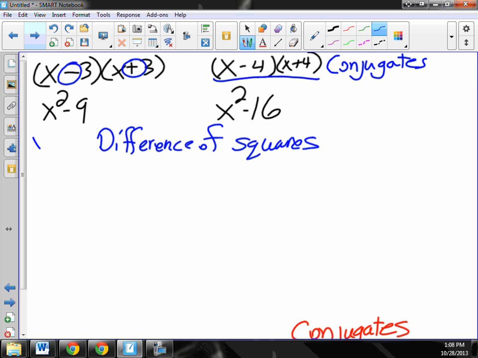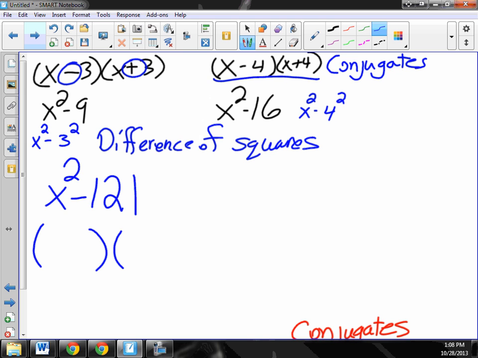This is x to the second minus 3 to the second. This one is x to the second minus 4 to the second. Difference of squares are the easiest quadratics to factor. So if I had x squared minus 121, what do I know about the signs? They're different.